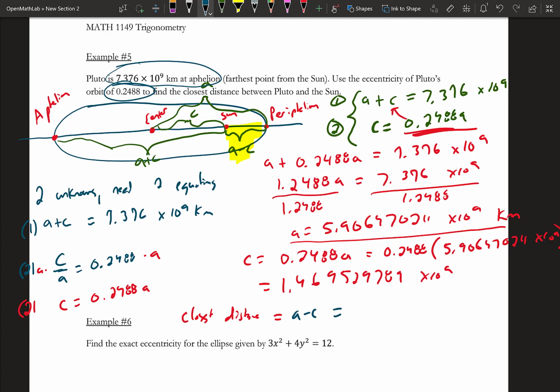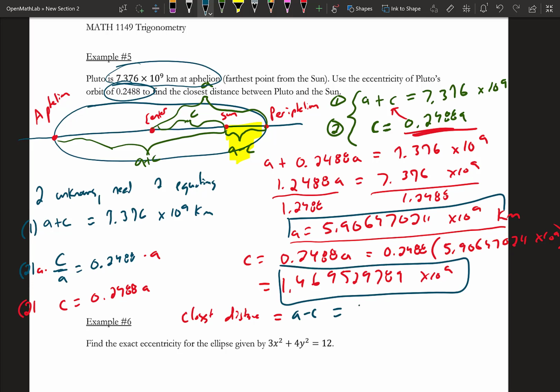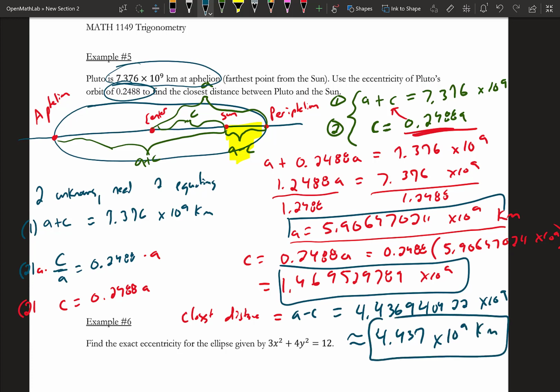So if I take a, this value, minus c, this value, what you should get is 4.436940422 times 10 to the ninth, which is approximately 4.437 times 10 to the ninth kilometers. Right? So that's the answer that we're after, right? So you can see how we're applying ellipses to this situation.